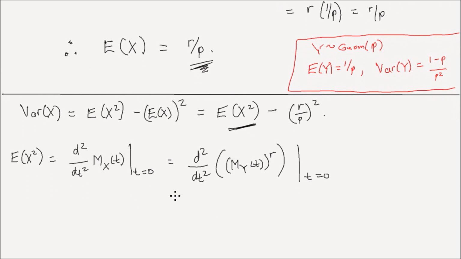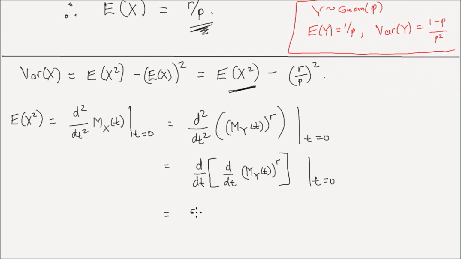Okay, now this is equal to the derivative with respect to t of the derivative of M_Y(t) to the power of r, evaluated at t equals 0.